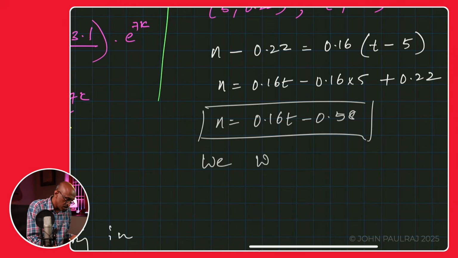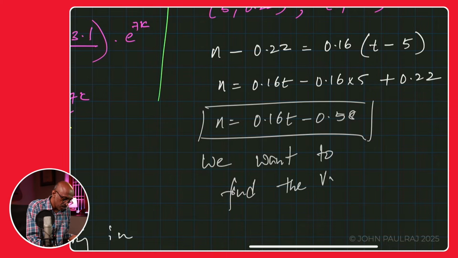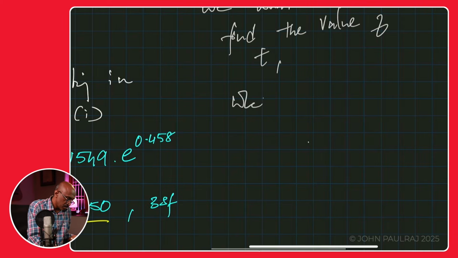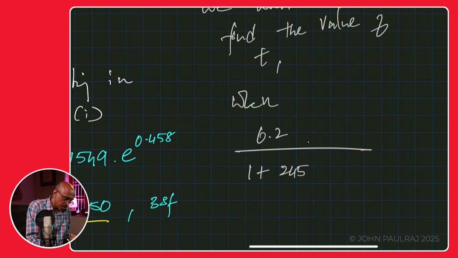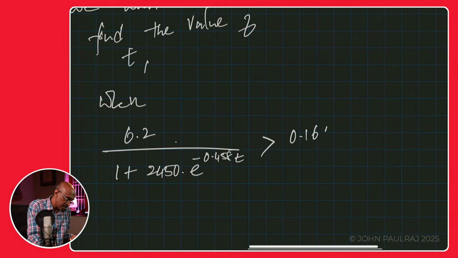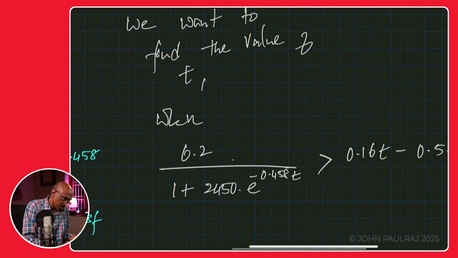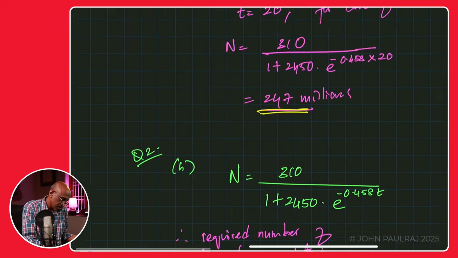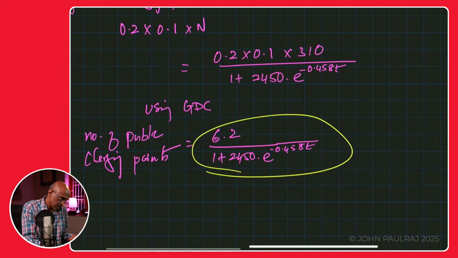We want to find the value of t when 6.2 over 1 plus 2450 e to the power of negative 0.458t is greater than 0.16t minus 0.58. I want to make sure that I've copied it down correctly. It's 2450. Yes, I've got that.